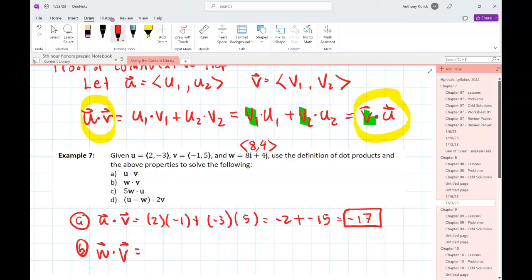W dot v. Well, it's going to be the x component of w times the x component of v plus the y component of w times the y component of v. Everybody feel so far so good?